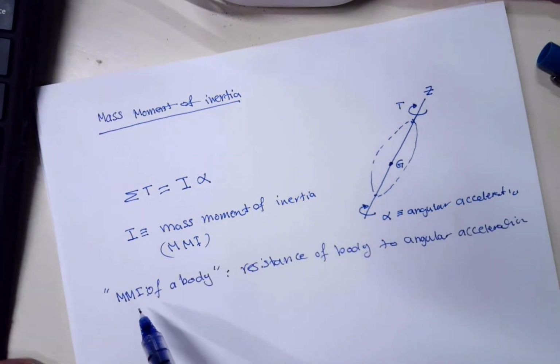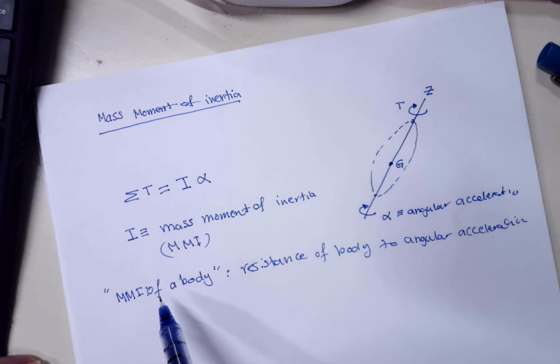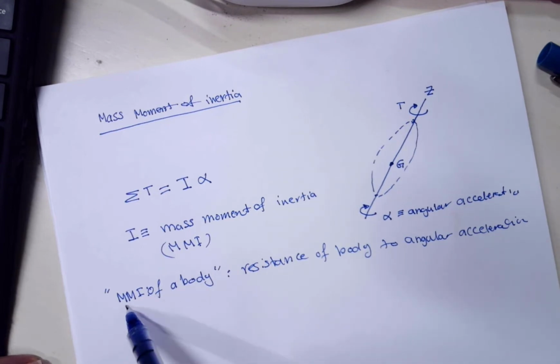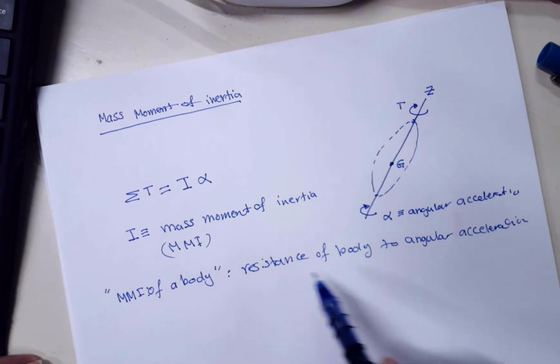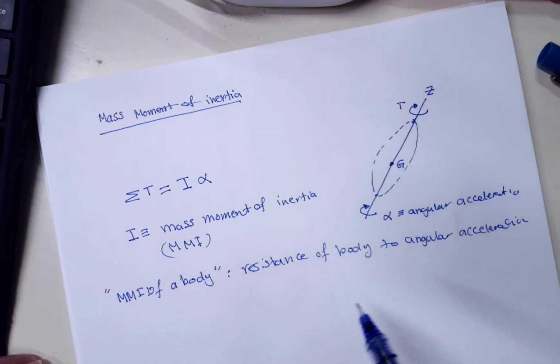So the mass moment of inertia of a body is the resistance of a body to angular acceleration.